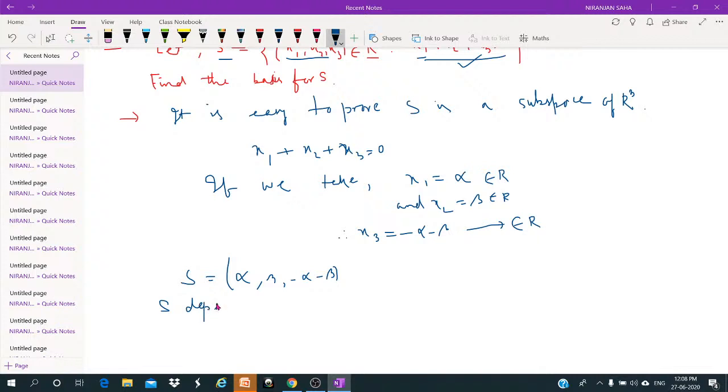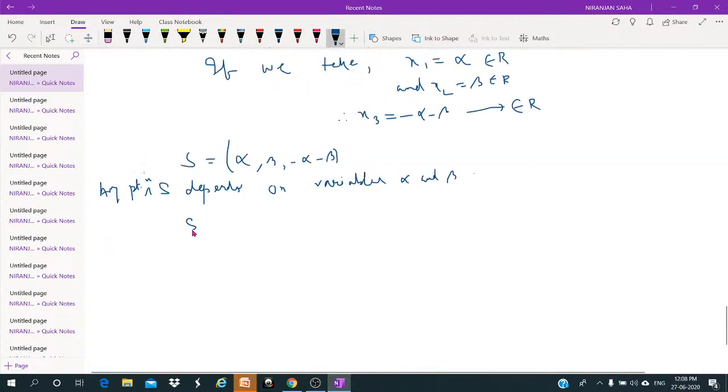Any point in S depends on two variables, alpha and beta, not on three variables. So S has two dimensions.